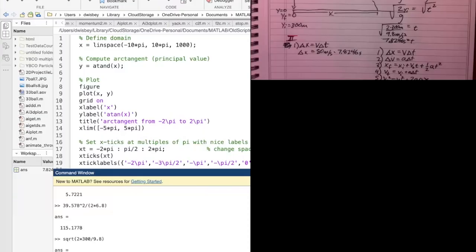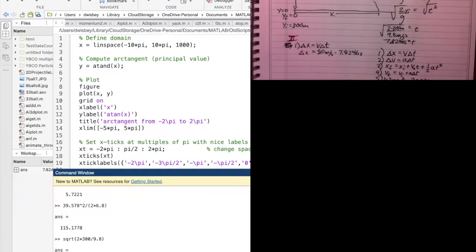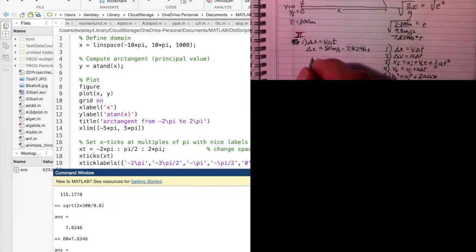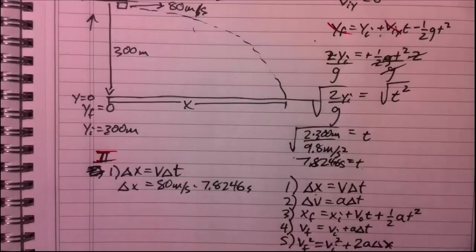All right. So we have 80 meters per second times 7.8246, and it was just right above there. Okay. So what do I get for the answer here?